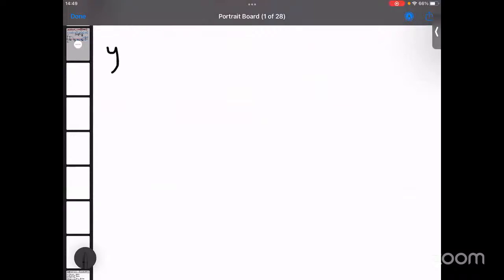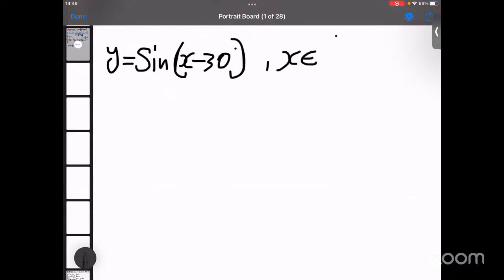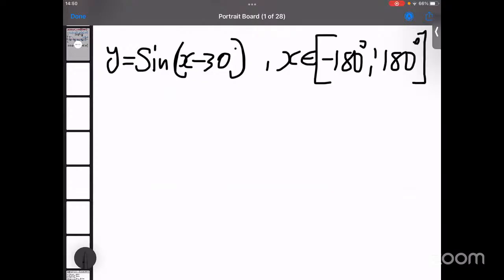So let's say now you are plotting y equals sine of x minus 30, let's shift it. For this one, let us plot it from negative 180 degrees all the way up to 180 degrees.